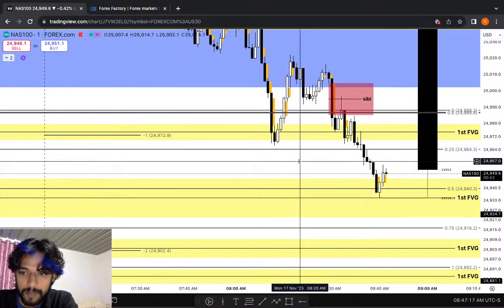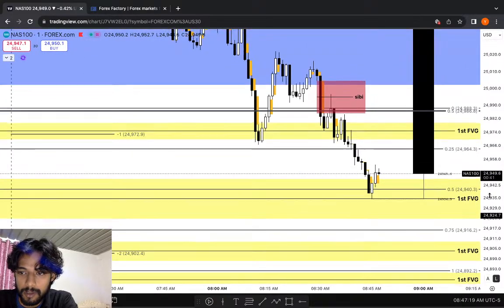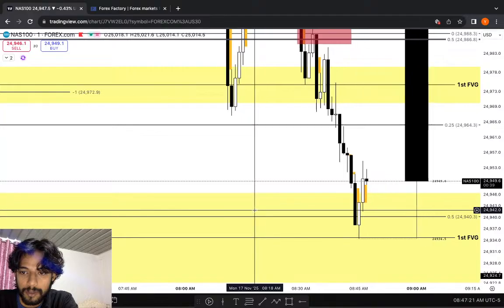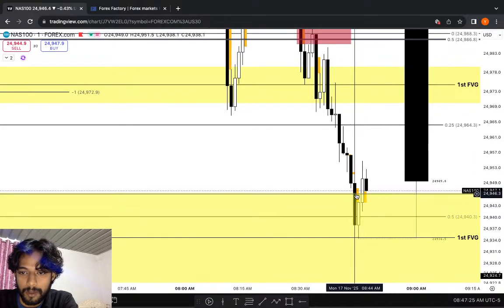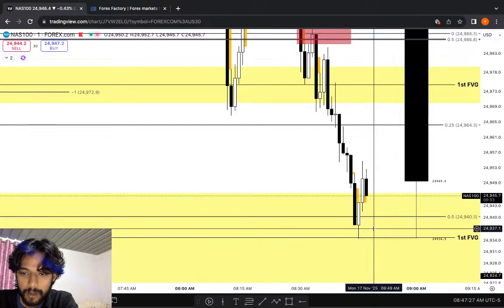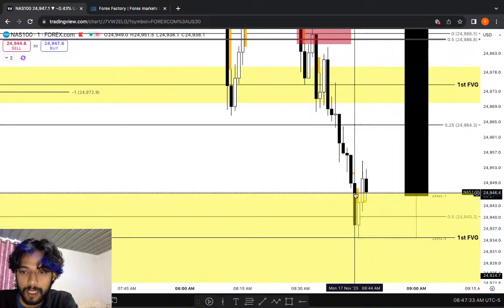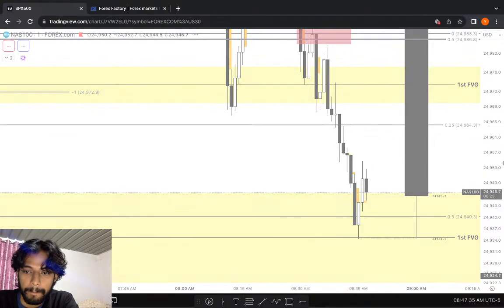Now we have something really interesting to watch for. This should not support the prices. It should break all these down. It should not take support from this gap.